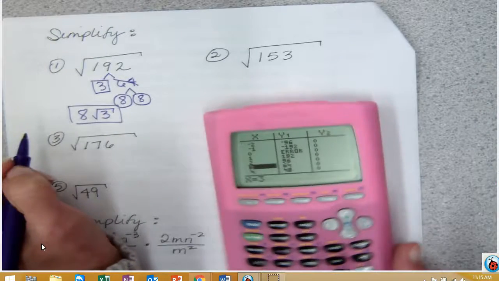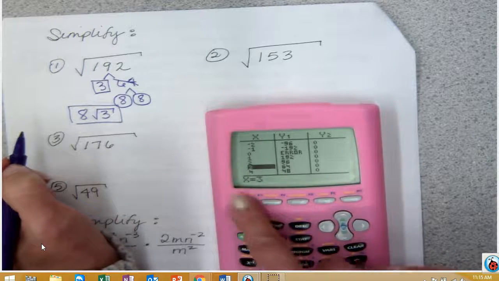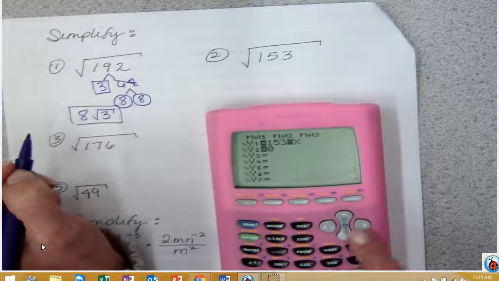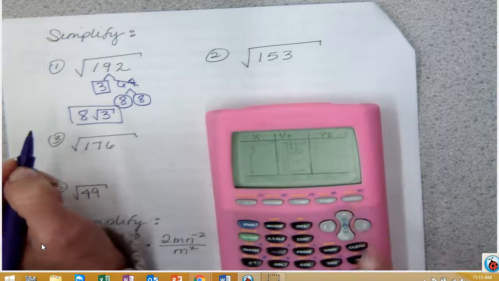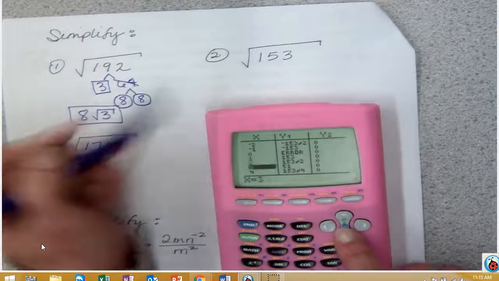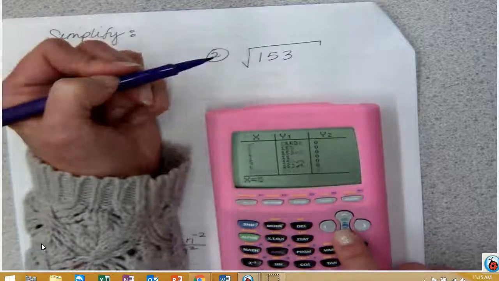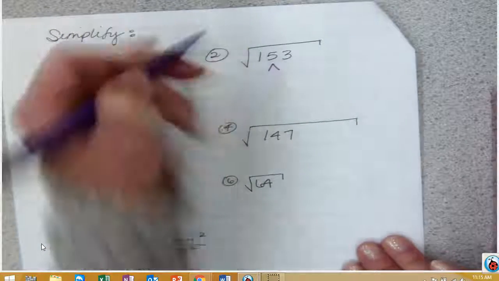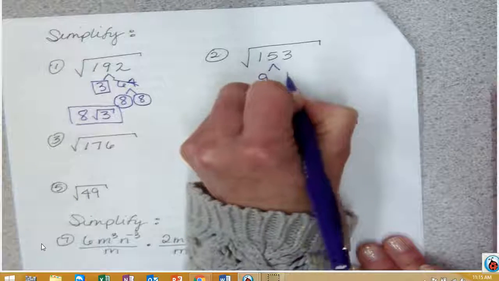For 153, I do the same thing. I'm going to look: y equals 153 divided by x. Go to my table. I've got 1 and 153, 3 and 51. I'm going to look, are there any other? 9 and 17? 9 is a perfect square.